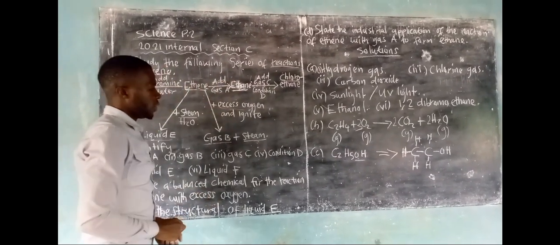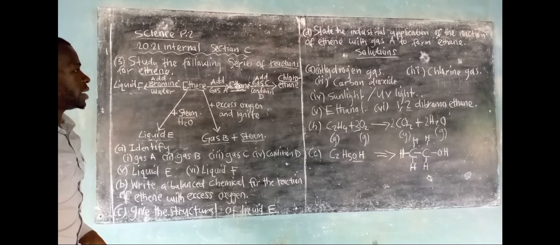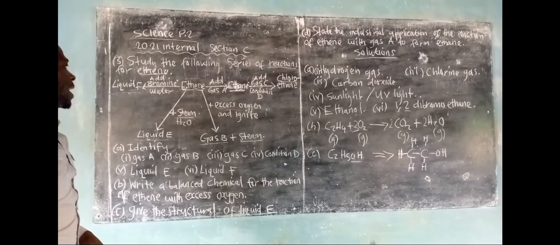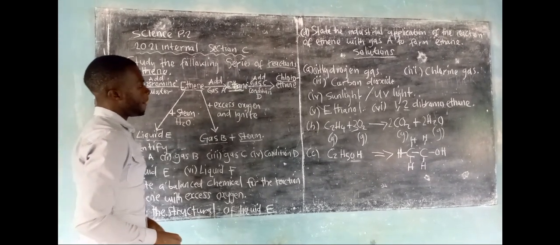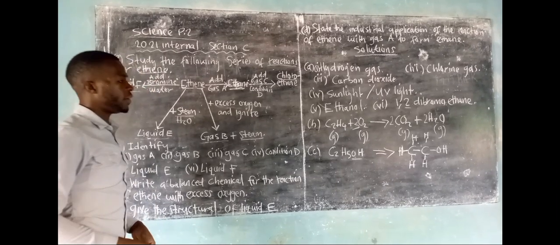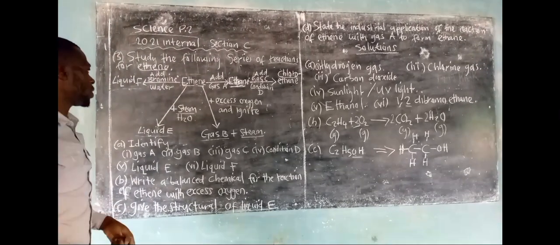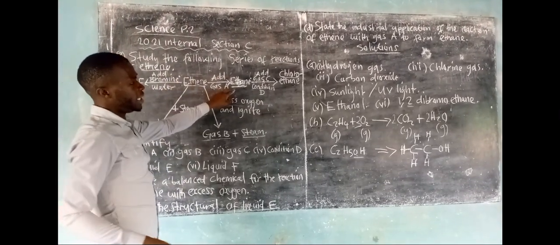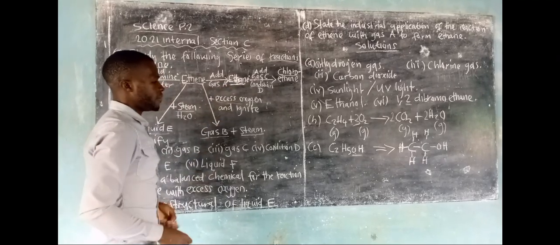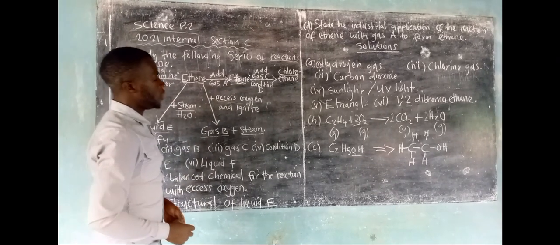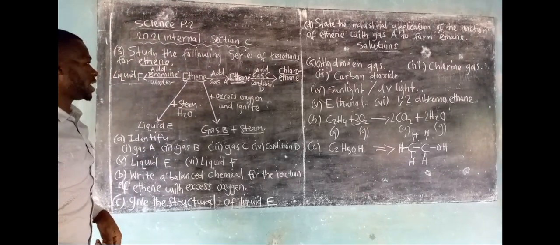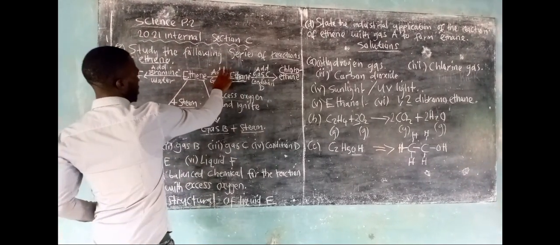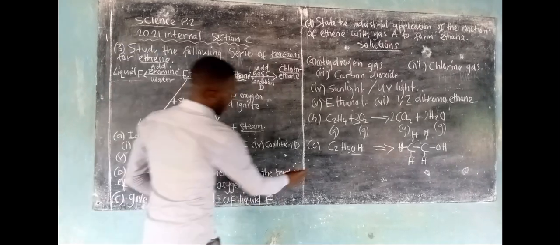So the industrial application of this reaction is that the same reaction is used to manufacture margarine from vegetable oils. Okay, so the same reaction here is used in the manufacture of margarine from vegetable oils by the process known as hydrogenation, which is the same process here.